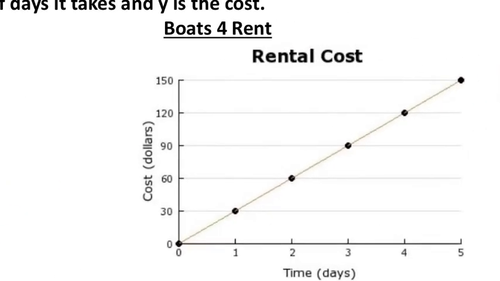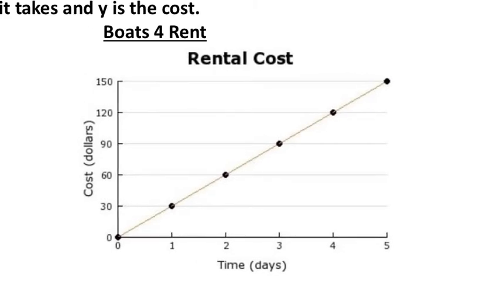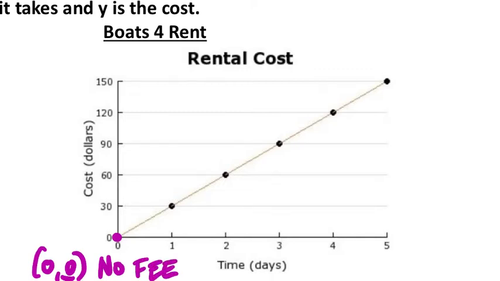Let's look then at boats for rent. Okay, so what do we see about boats for rent? I see that this line is going exactly through the origin. That's at (0, 0). So this (0, 0), the y value being 0, tells us there's no starting fee, no initial fee for boats for rent. They say, hey look, you're going to rent from us, we'll just charge you some kind of rate per day. Now, since this is going through the origin, and I don't think many people remember this, if it goes through the origin and it's a straight line, this is what we call a proportional relationship.